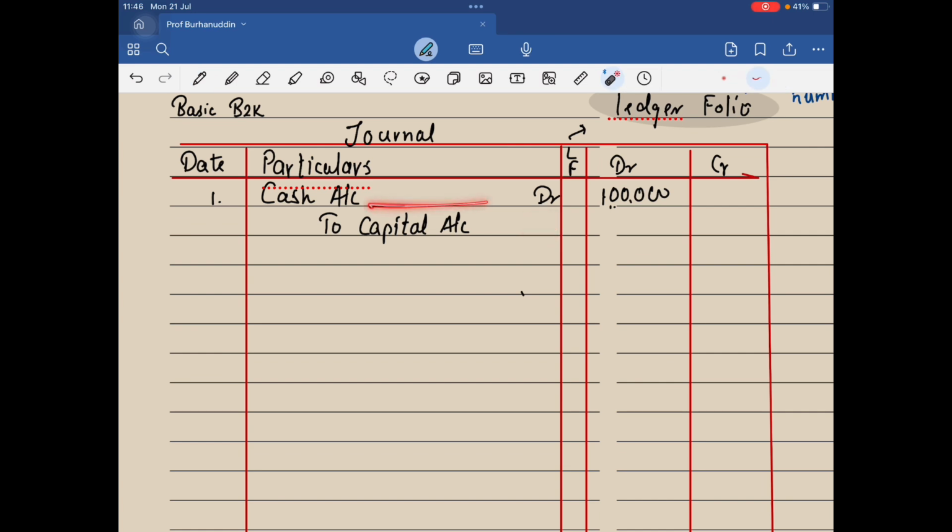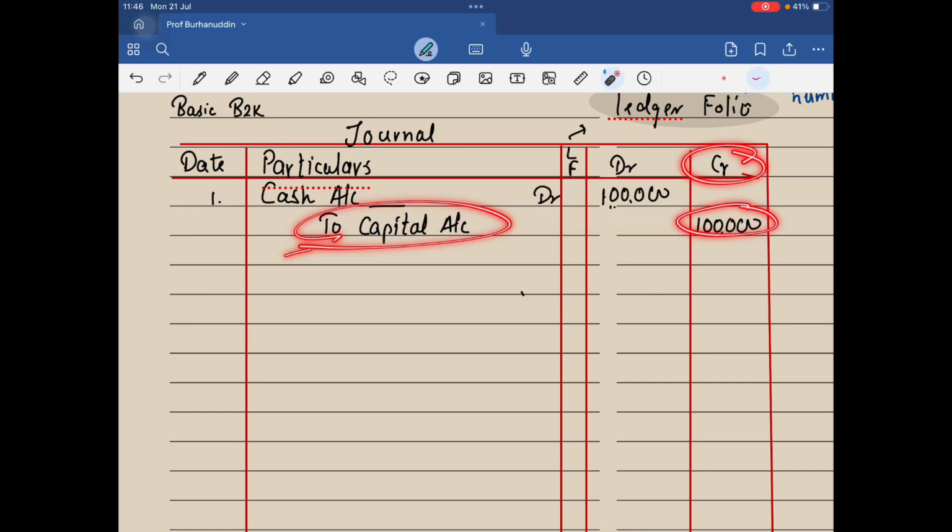For debit, you need to write debit. But for credit, there is no need to write credit. Instead, you leave two finger space and start with 'To' and whatever the account is. And the amount is 1 lakh. We are going to write it in the credit column. See, it is a credit column, na?